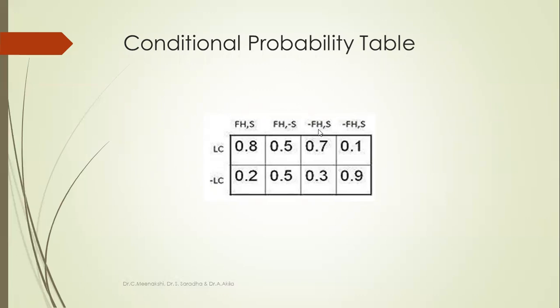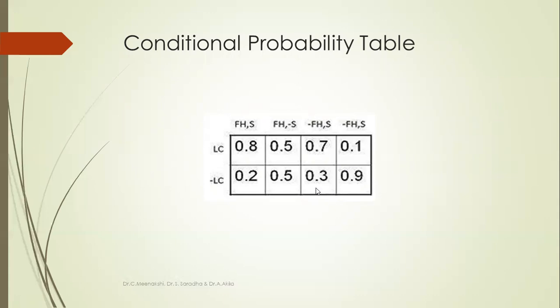If he does not have a family history but is a smoker, the probability is 0.7 and the probability of not having lung cancer is 0.3. Here, he has no family history and is not a smoker, and the probability of having lung cancer is only 0.1.